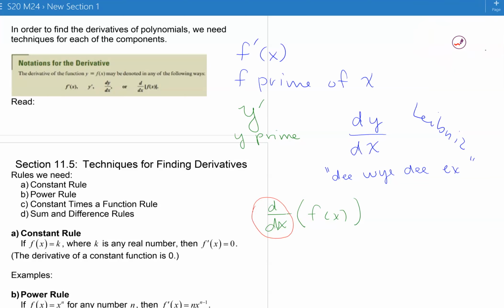This d looks like d over dx, but you don't read it that way. You say d dx of f of x. Okay, so those are just some different notations. My strong preference is the prime, but make sure your primes are really large and visible. Don't make them little tiny dashes that are hard for you and I to read.